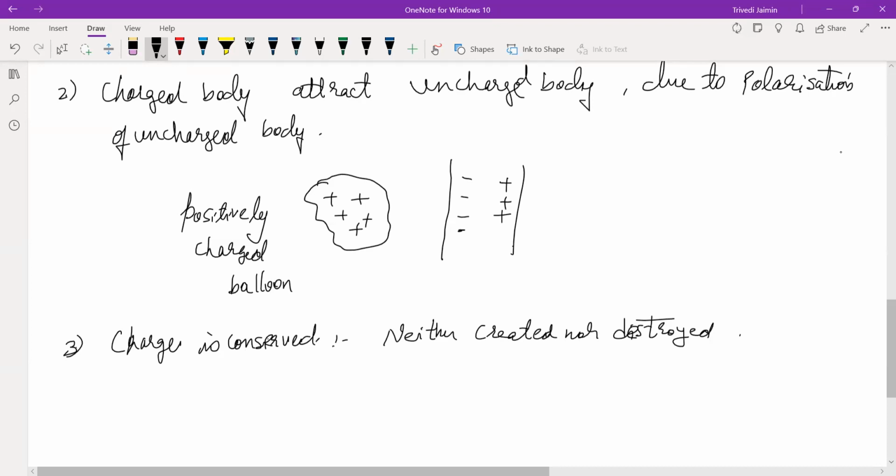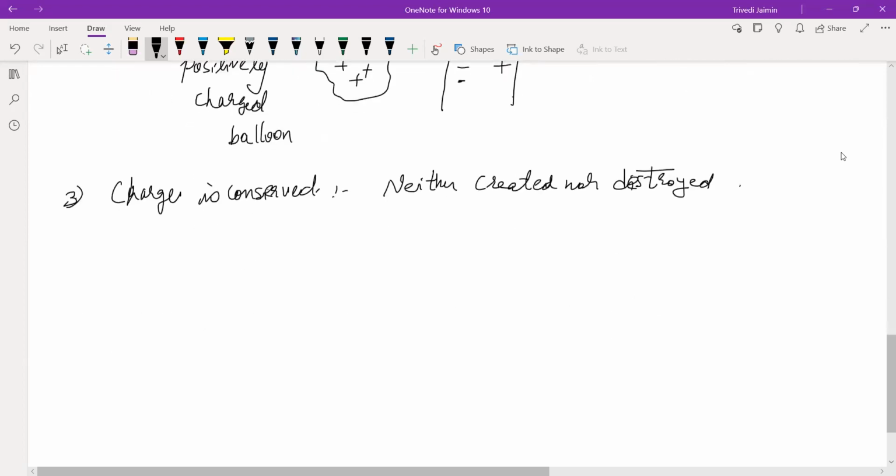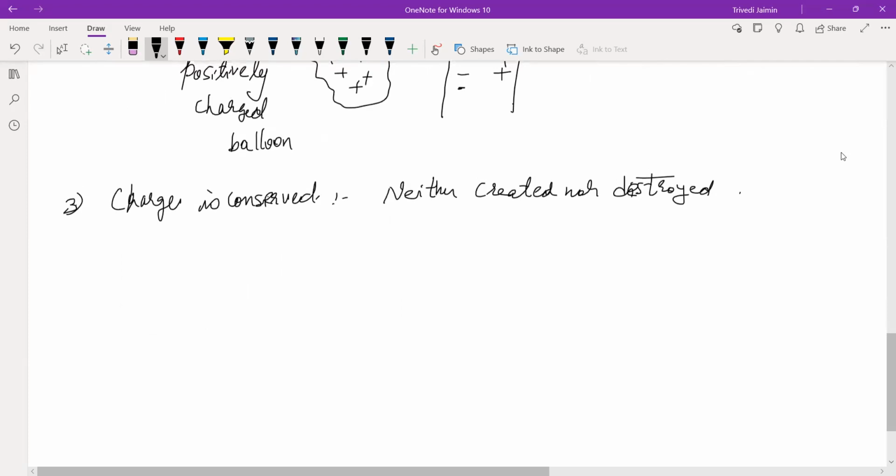It gives some amount of energy. The energy is just converted into other energies. In short, the total energy remains constant across all the products and resultants. So that is how charge is conserved.